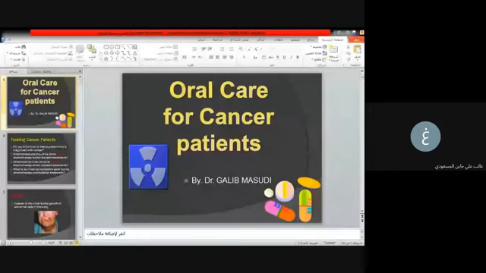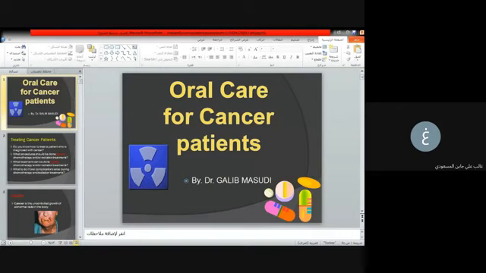Oral care for chemo and radiation: moisturize the lips at least 2 times up to 6 times daily. Use a dry mouth product at least 2 to 6 times daily. Rinse the mouth before and after meals and at bedtime.